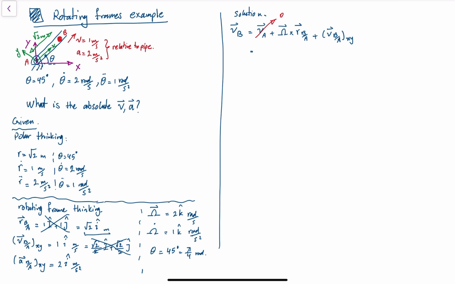What I have is omega cross R, which is 2k cross R of B relative to A. Why did I take it as square root 2? I wasn't thinking straight. Let's take it as just regular 2, not the square root. So this will be 2i.